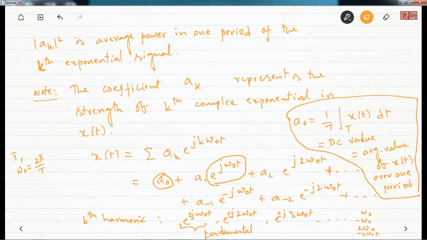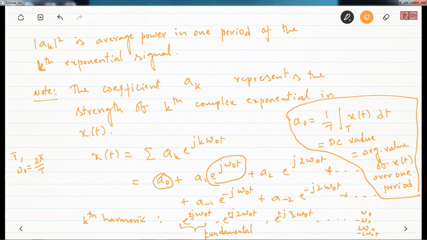So what I'm trying to say is, we are expressing the signal as a linear combination of harmonically related exponentials, and these coefficients a0, a1, a minus 1, a2, a minus 2, a3, a minus 3, are all called spectral coefficients.